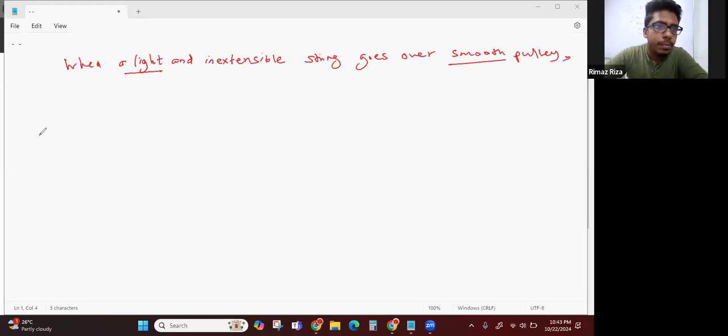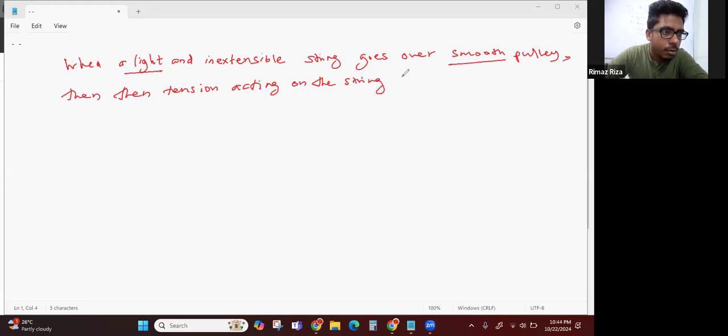Over a smooth pulley, the tension acting on the string on both sides of the pulley are same.